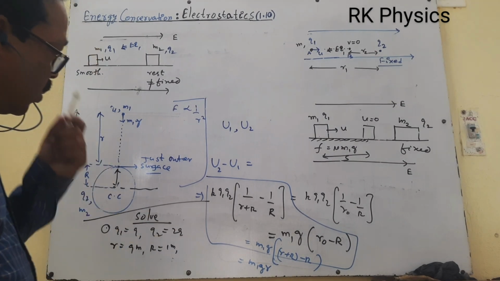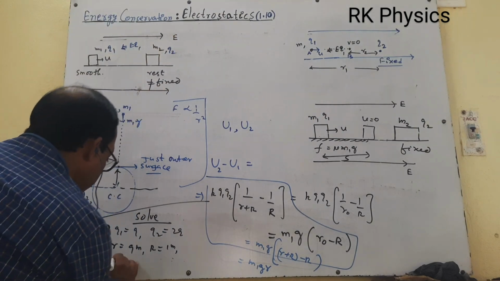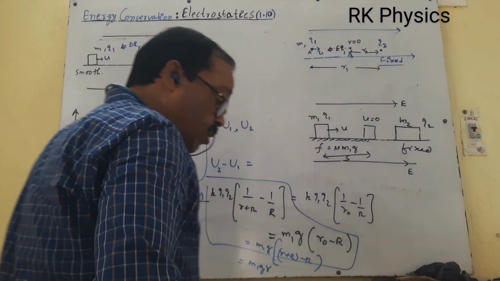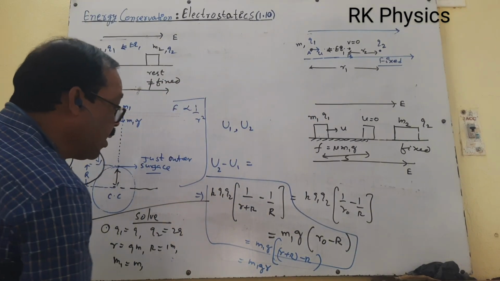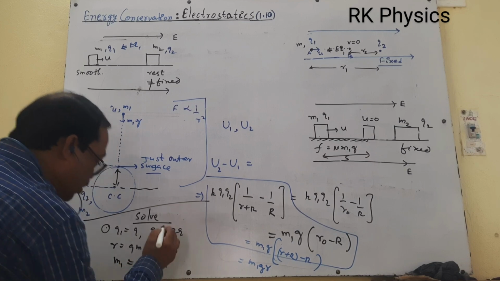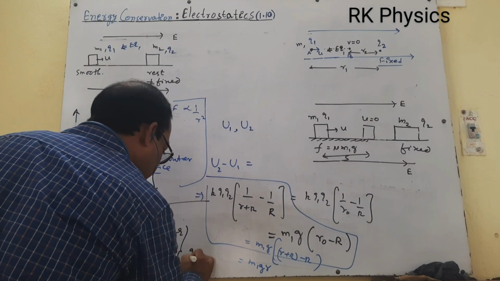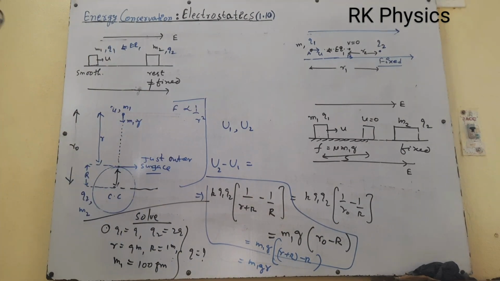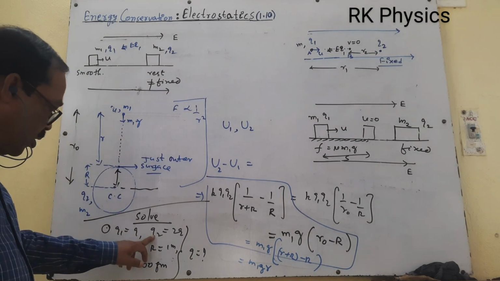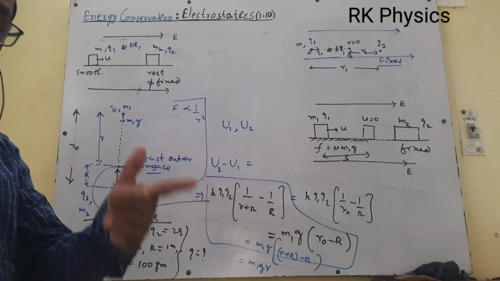Then comes the masses. Take only M1 equal to 100 gram, suppose there is no M2. Then find out what is Q. That means all symbols are known. Here Q1 equal to Q, Q2 equal to 2Q, so you can find out the value of Q. A problem for you.